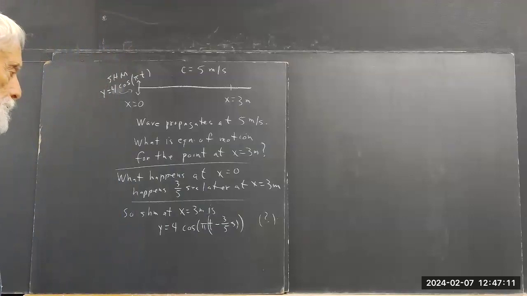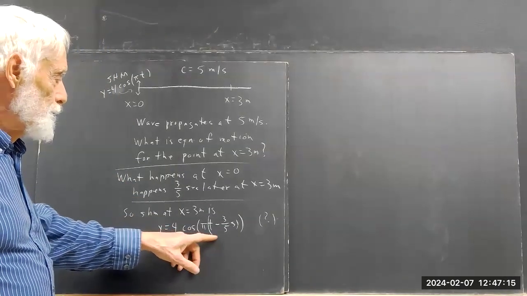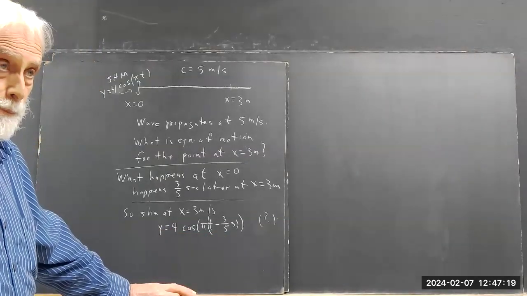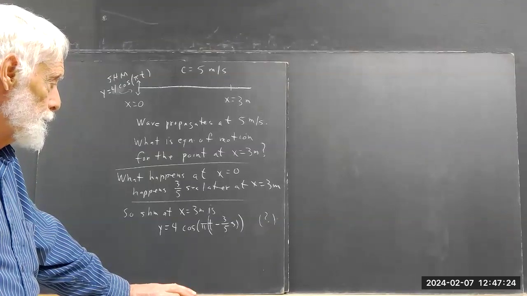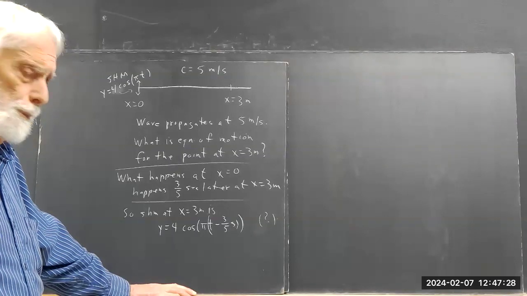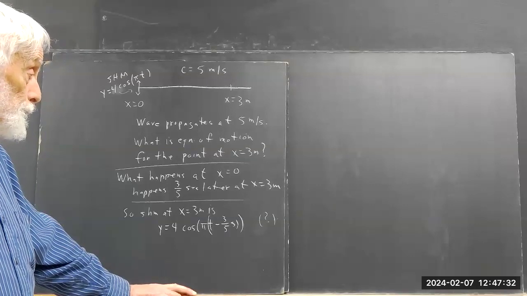So the proposed solution is 4 times the cosine of pi times t minus 3/5 of a second. Okay. Does that fit common sense?